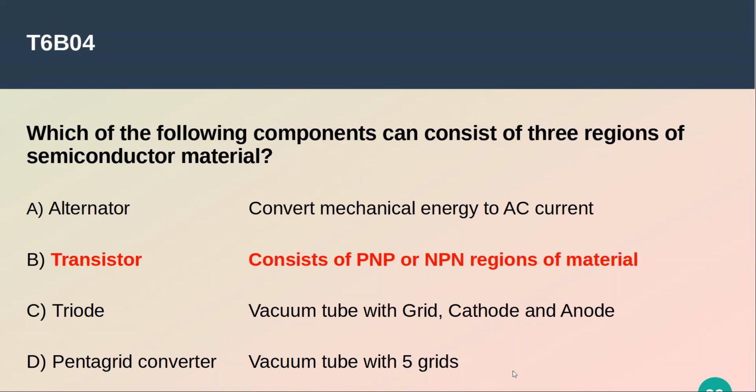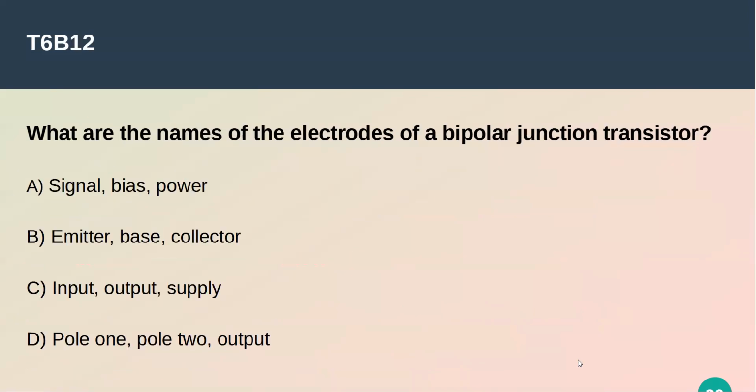And a pentagrid converter, I had to look that one up. It's a special tube, it's two tubes in one. It used to make a single tube radio out of it because it had a diode and a triode, or is it a triode and a pentode in it? It's weird. Anyway, it had nothing to do with a transistor.